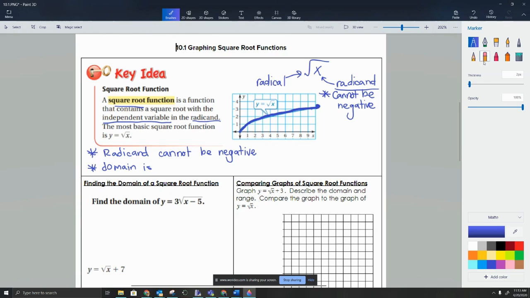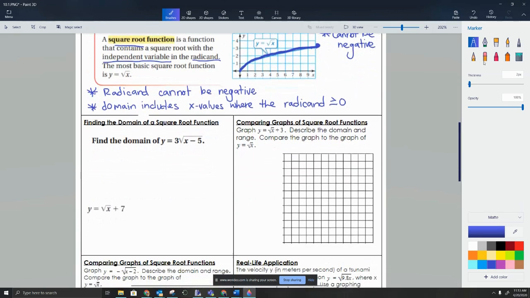So let's put that: the domain includes x values where the radicand is greater than or equal to 0. We'll talk about that down here in this first section.